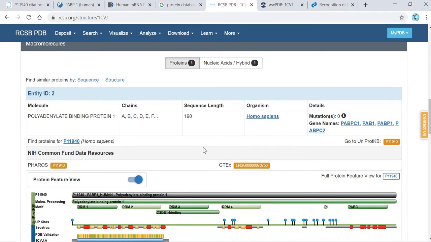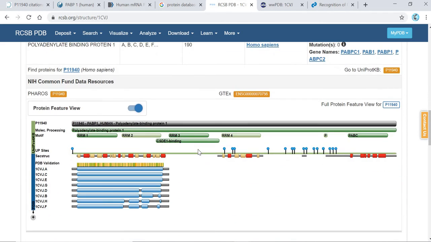So here PABP1 has four RNA recognition motifs, RRM1, 2, 3, 4, then a proline rich linker region, and then the C terminal of the PABP, PABC.